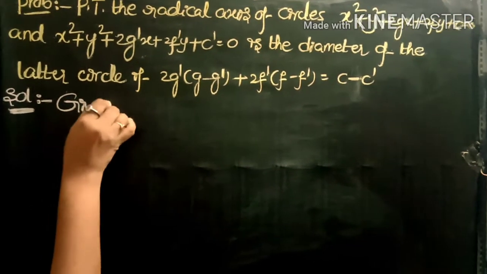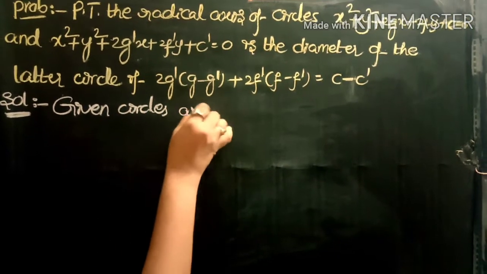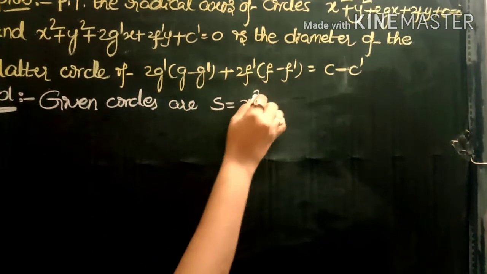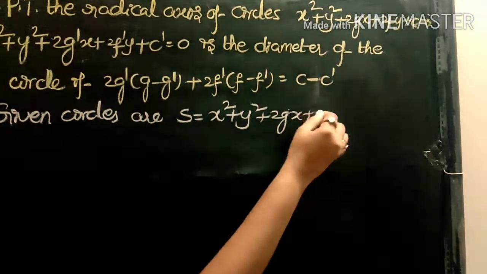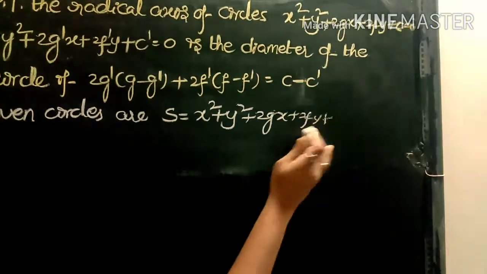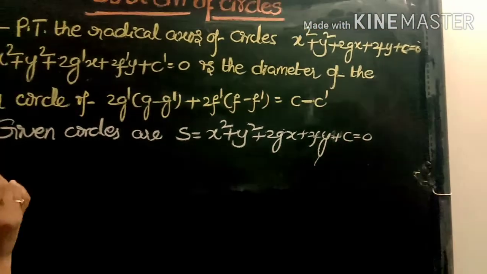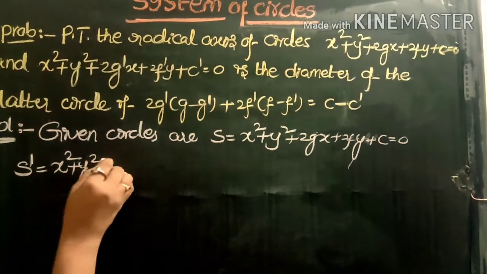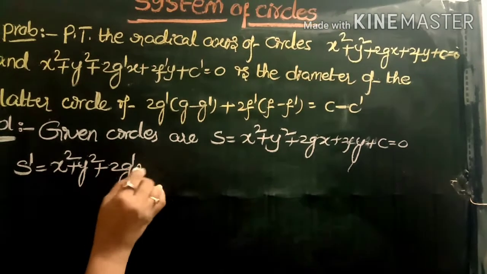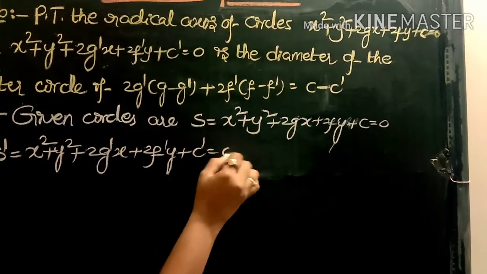Given circles are: first equation S = x² + y² + 2gx + 2fy + c = 0, and the second circle S' = x² + y² + 2g'x + 2f'y + c' = 0.